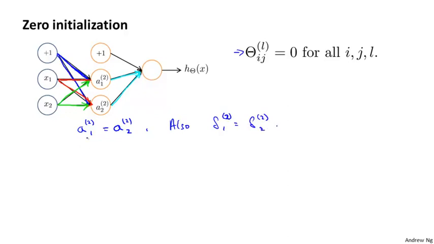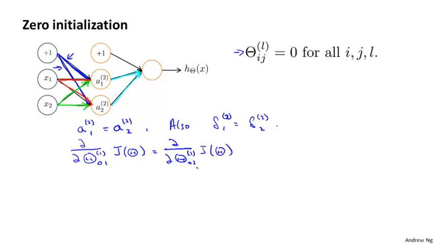And if you work through the math further, what you can show is that the partial derivatives of the cost function with respect to these two blue weights in your network are going to be equal to each other.